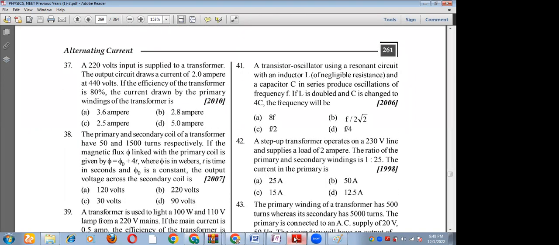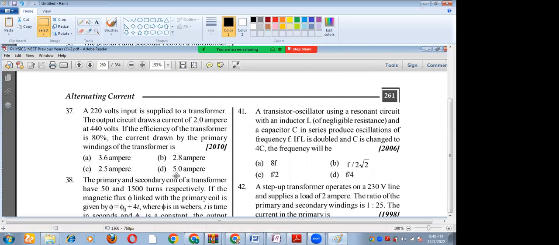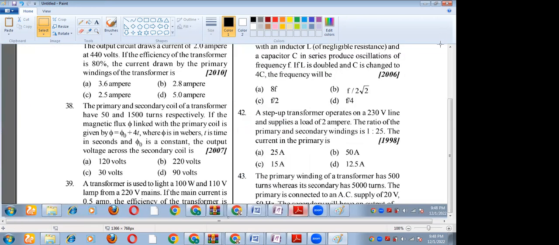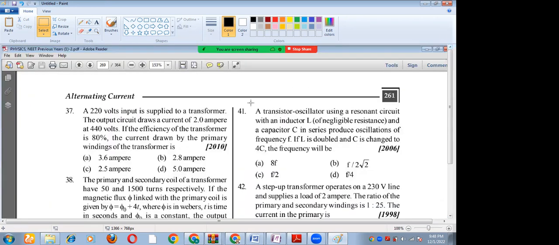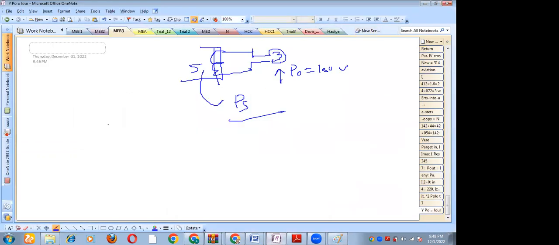Now you can apply question number 41. So attempt question number 41. This is based on LC oscillation, and we know the angular frequency of LC oscillation is 1 by root LC. So I will give you a hint for this.